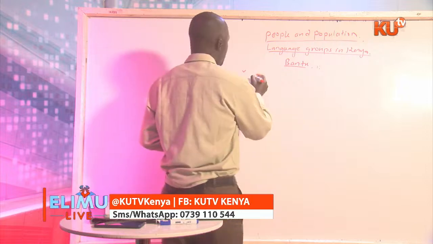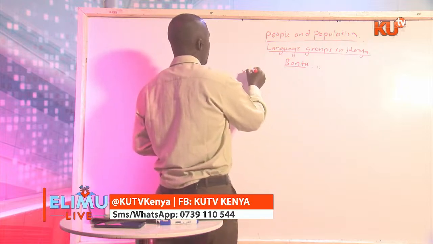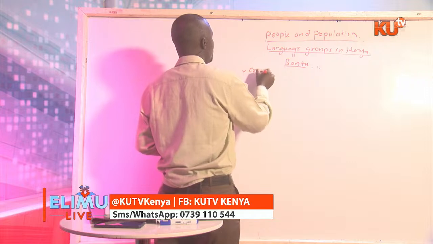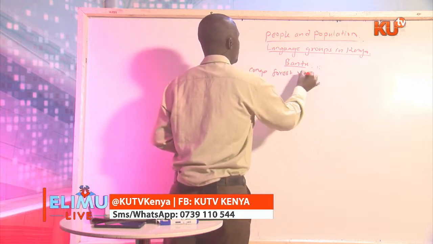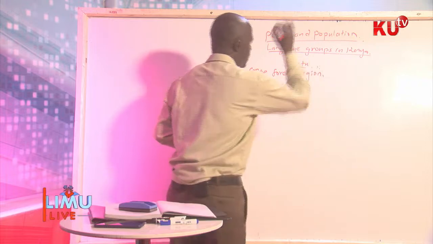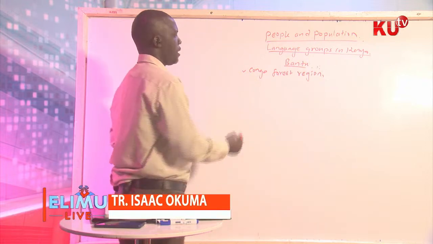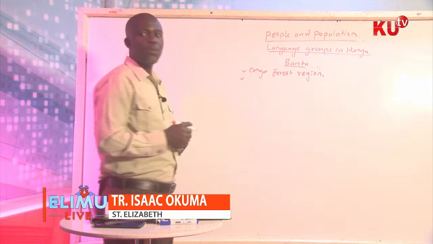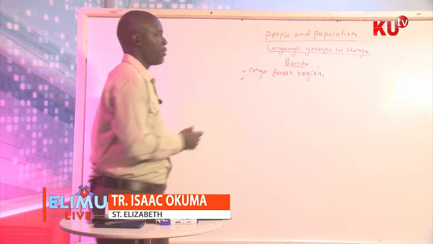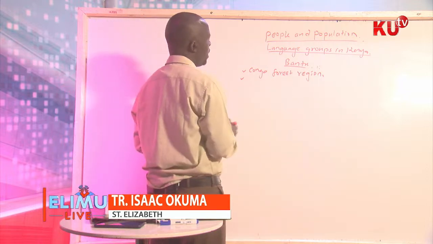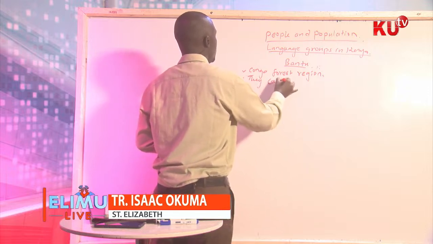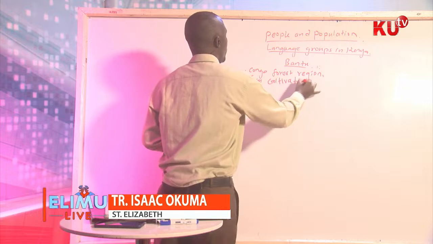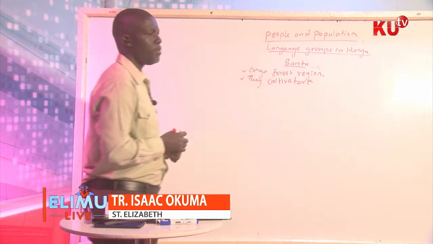These people migrated from the Congo Forest region in Central Africa. Second, we also need to talk about their economic activity. The economic activity of the Bantu is that they were cultivators.